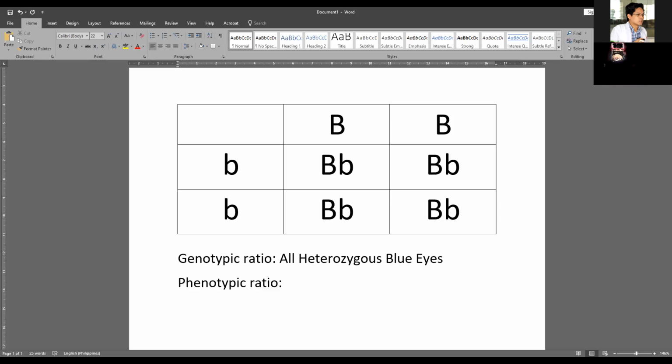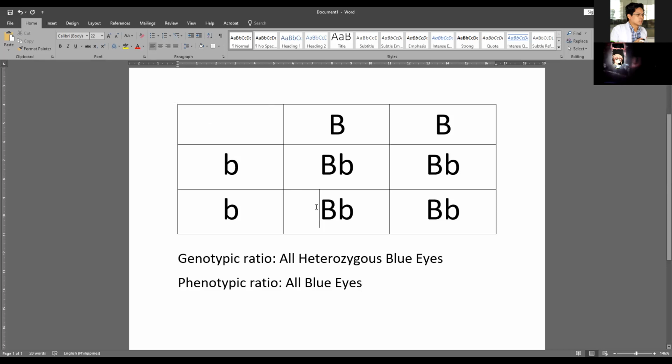You can only observe that they are all blue eyes. Blue eyes. Correct? Because we're looking at the physical traits. Since this is the first generation, let's take a look at the second generation.